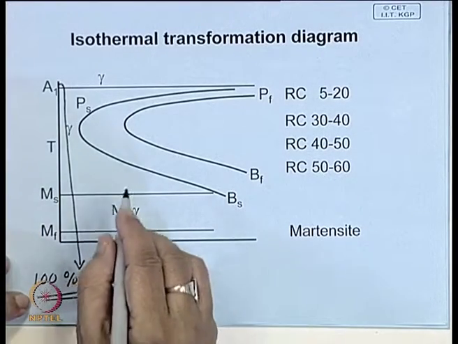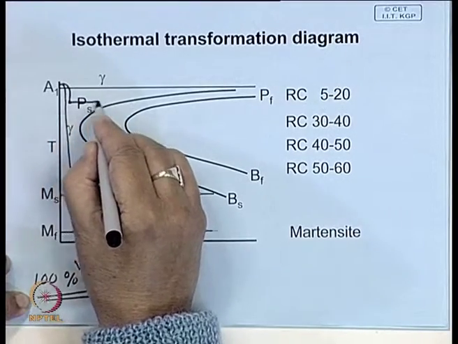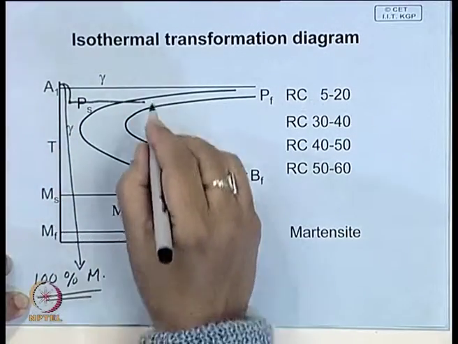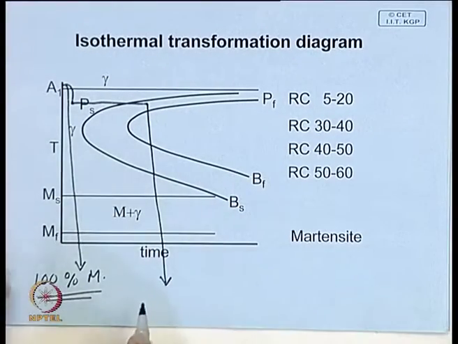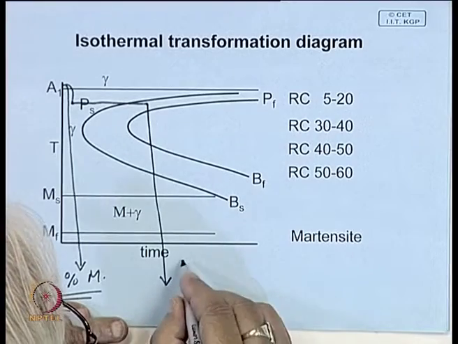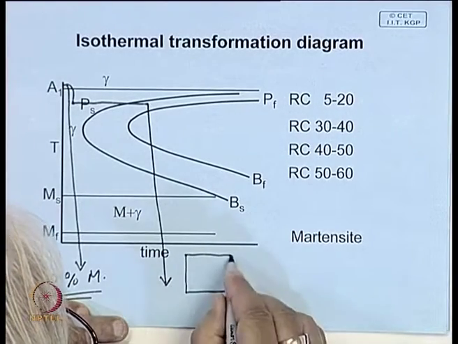So, here the hardness is maximum, but when you come here and hold it and then you cool, in that case what will be the microstructure? Here that microstructure you can visualize like this.